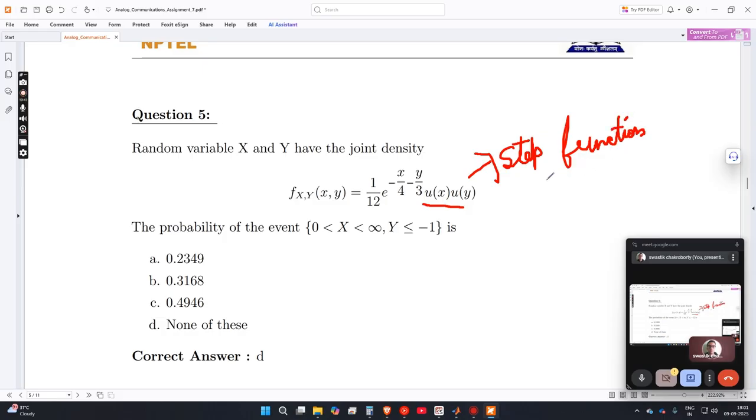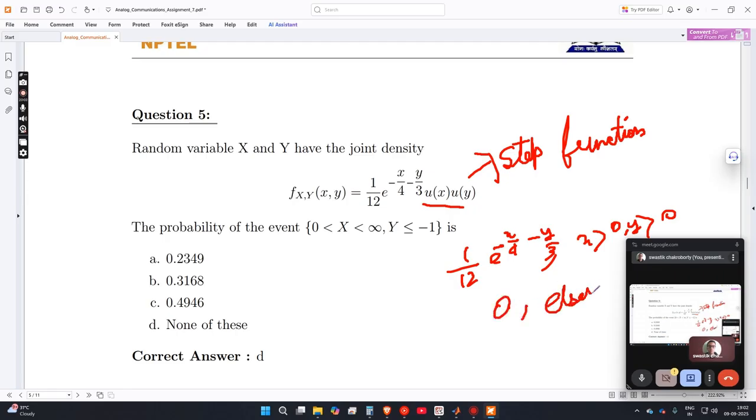So step function means this is 1 by 12 e to the power minus x by 4 minus y by 3 when x and y are greater than 0. But even if one of them is less than 0, it is completely 0.